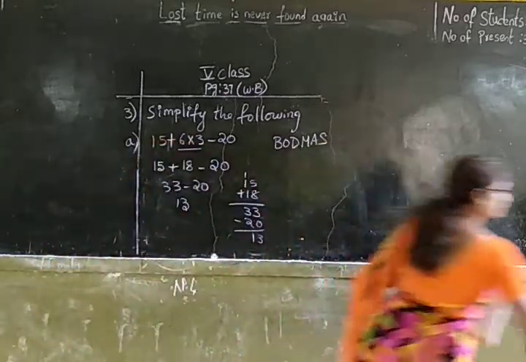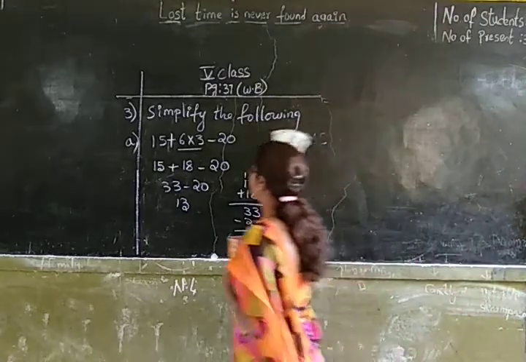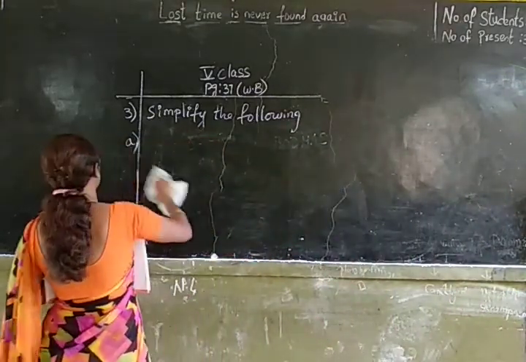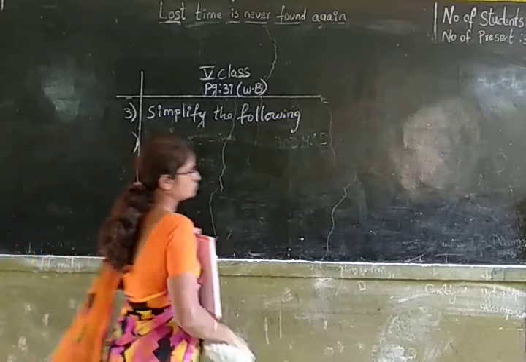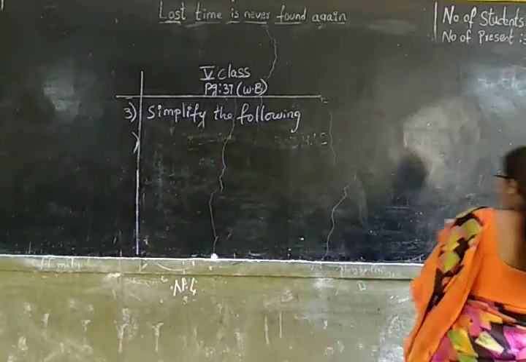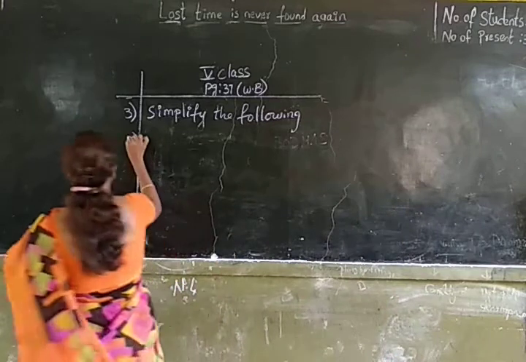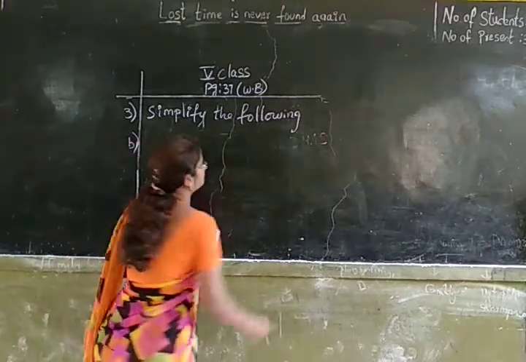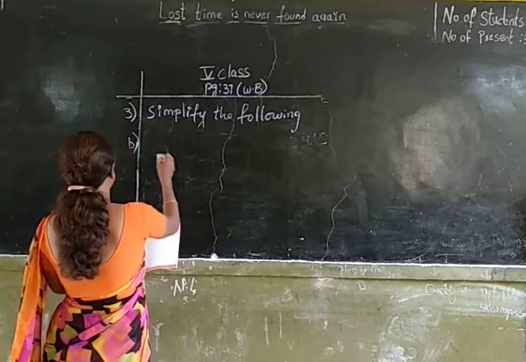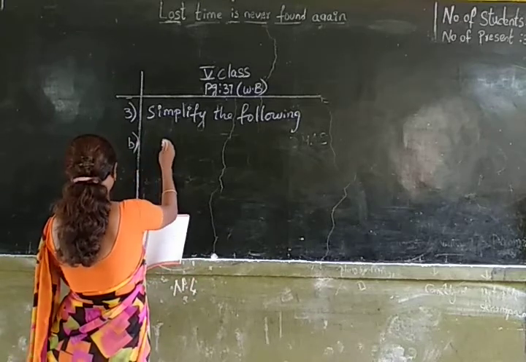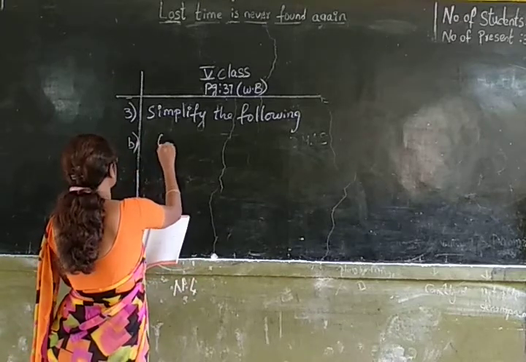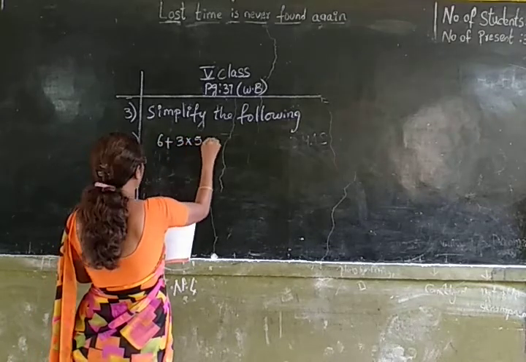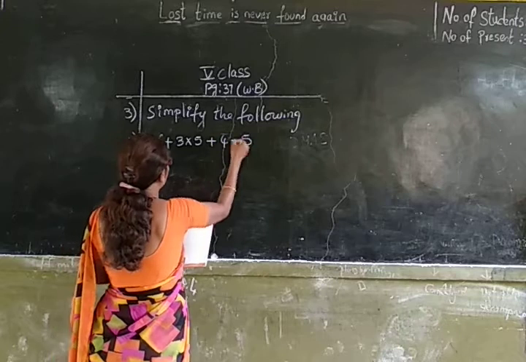Okay, children. Now let us do the B sum. So what is the B sum? B sum is 6 plus 3 into 5 plus 4 minus 5.